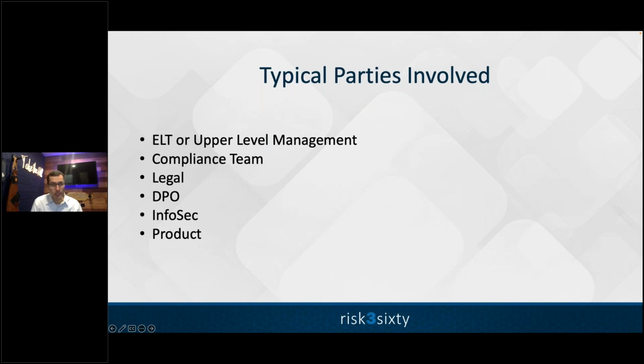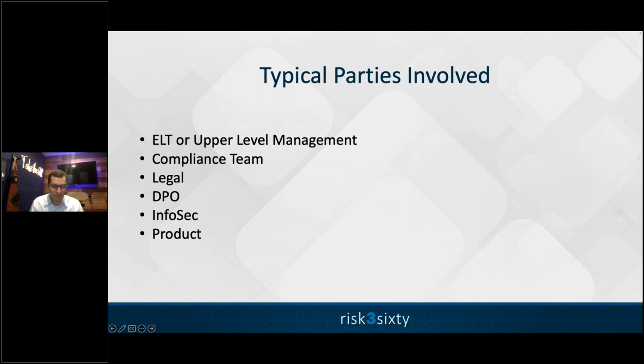Beyond that, we see these next three. They may be very closely tied together depending on the size of your organization, but we see individuals from compliance, we see individuals from legal, and sometimes, if it's separate from those two organizations, the data protection officer or DPO. These are typically the people and departments who are most closely tied to the day-to-day oversight of privacy at a company.